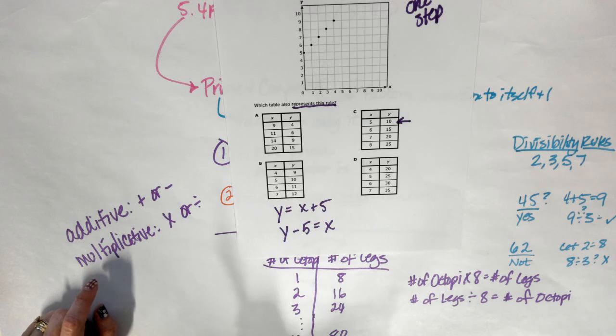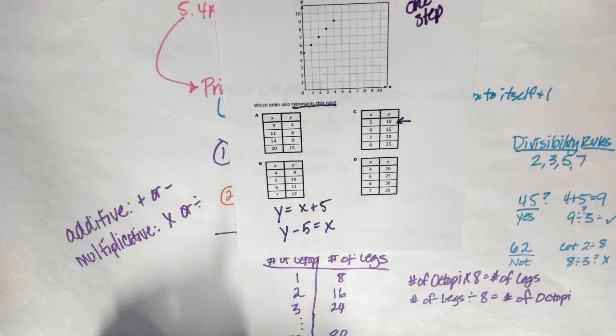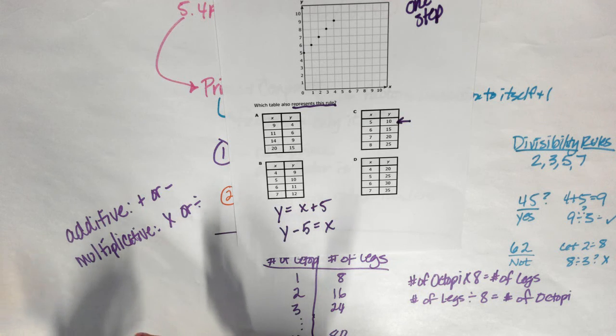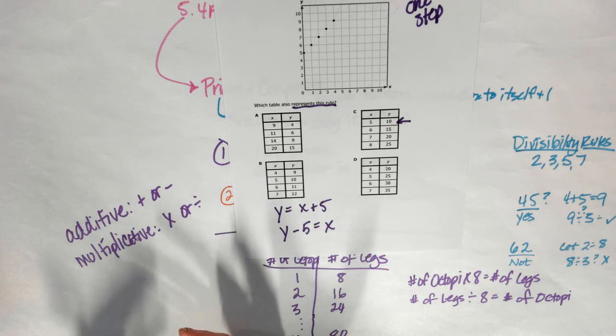I would expect to see this tested with some of the new question types when we start seeing those on STAR, simply because it's been a really simple standard, and when you test it with multiple choice, there's only two choices. It's either additive or multiplicative. So it's easy to eliminate two of the answer choices.